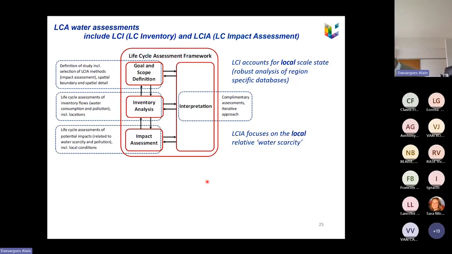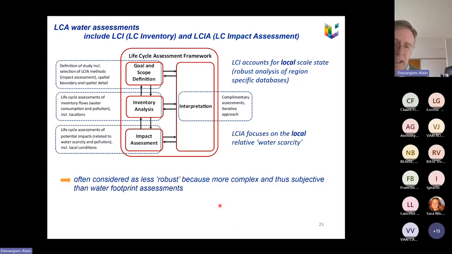Here, in fact, it is more intricate, it is more complex, and of course, as it is more complex, it can be considered as less robust because it can become relatively subjective in function of who is assessing this life cycle assessment.